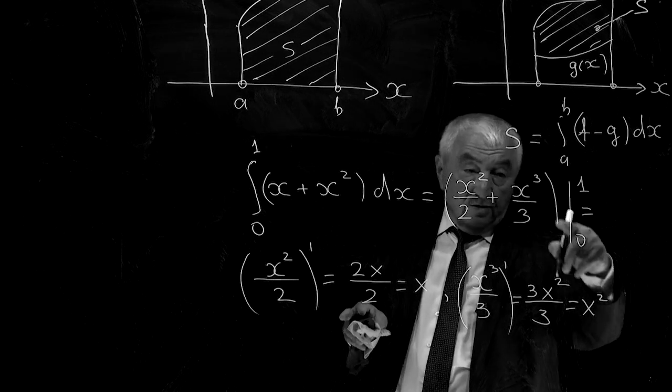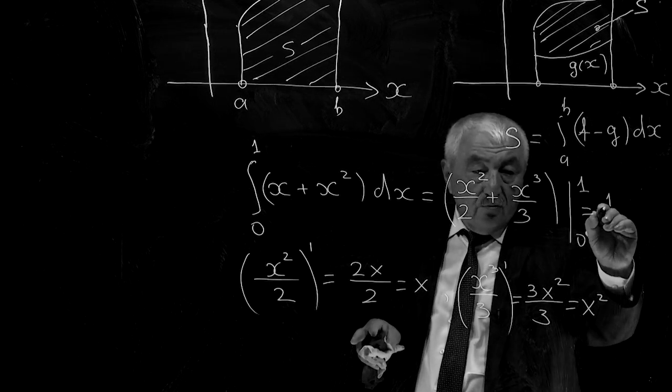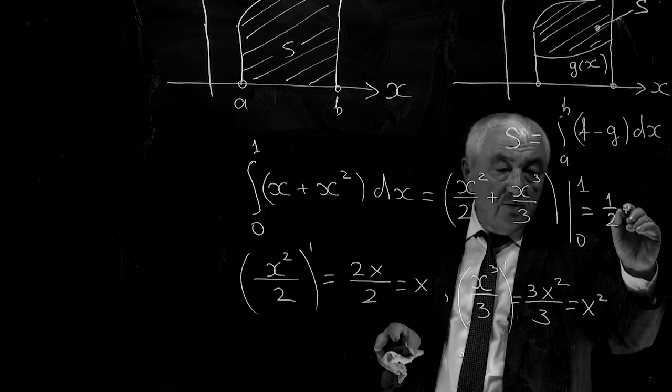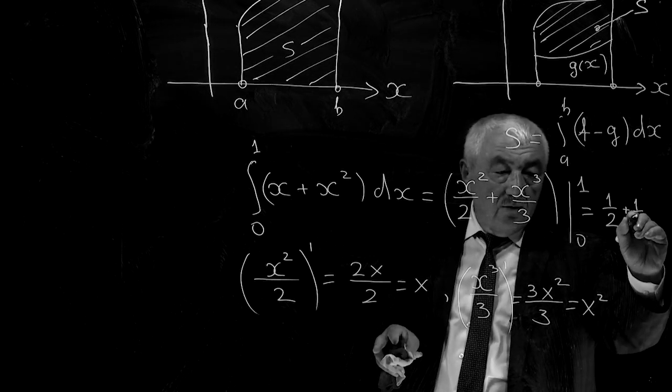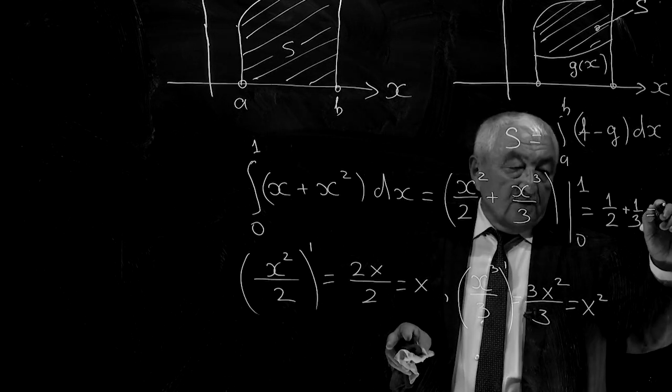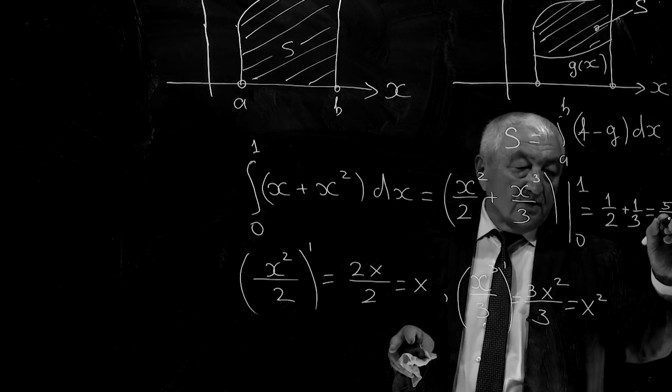At 0 we have 0. At 1: 1 divided by 2, 1 to the second power, plus 1 divided by 3. That is 5 divided by 6. Correct answer.